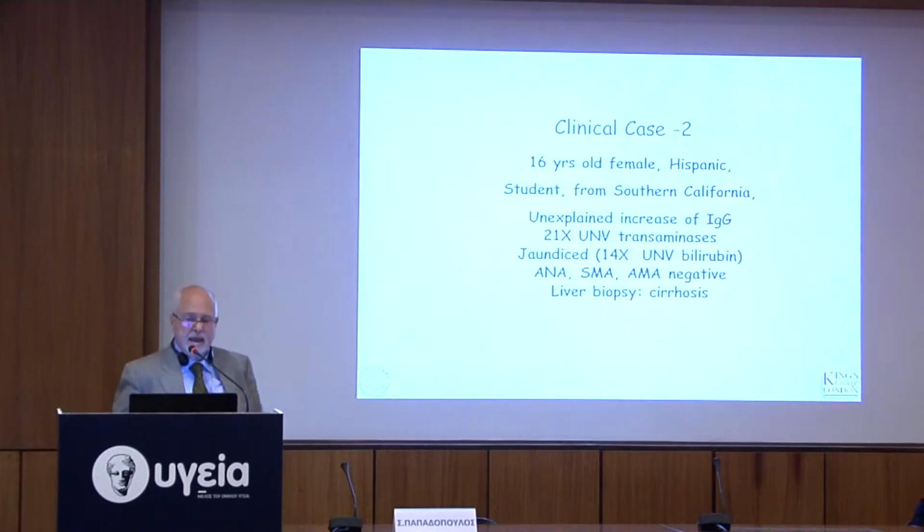What about the second case? Similar case: 16-year-old female, Hispanic, student from Southern California, an extreme increase in immunoglobulin G, 21 times the upper limit of normal, and transaminases pretty elevated. The patient was jaundiced. The autoantibodies that you see there were negative. Liver biopsy, cirrhosis.